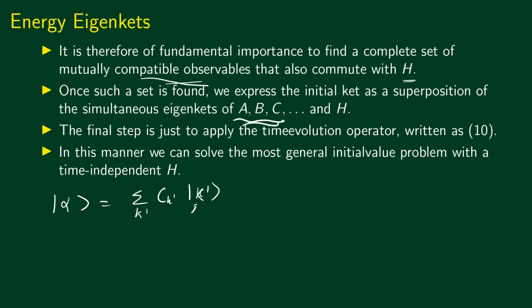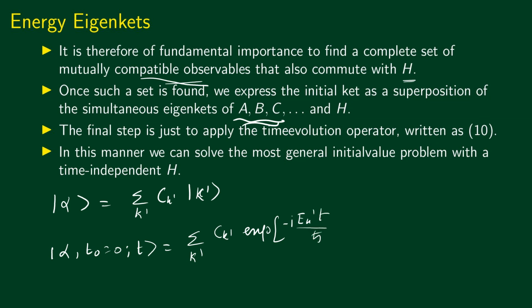Now, since these are also eigenkets of the Hamiltonian operator, following the analysis that we already did, the state of the system at any later time can be simply written as sum over K prime, C K prime, exponential minus i E K prime t divided by h bar multiplied by ket K prime.